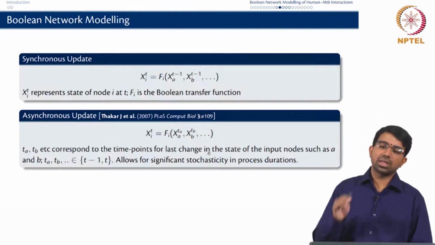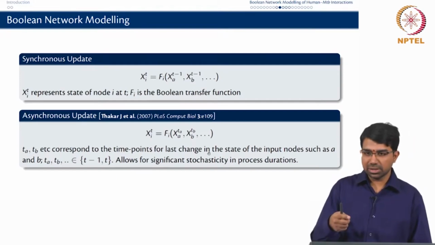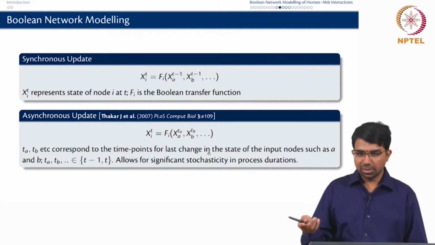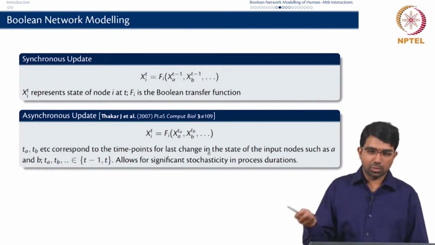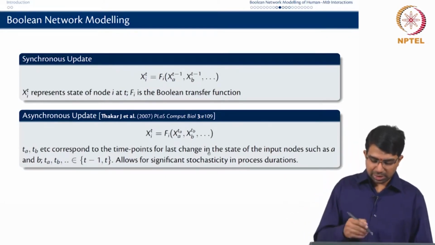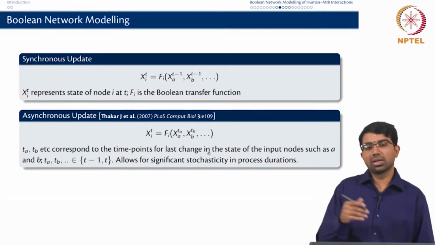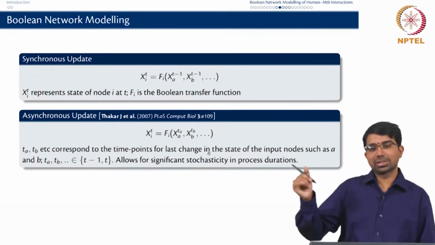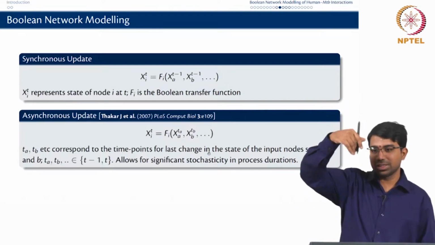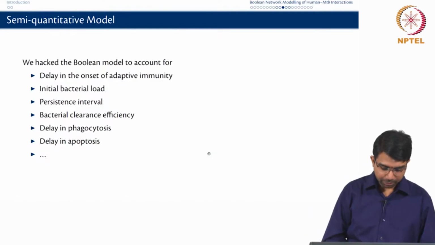Synchronous assumes that everything takes one time step to happen, be it antigen presentation or the macrophage binding to some cell. All that takes exactly one time step, whereas the asynchronous allows for some more stochasticity. You can even have longer term memory. You can even depend on something that was 5 steps previously, 3 steps previously, although we did not really do that here.